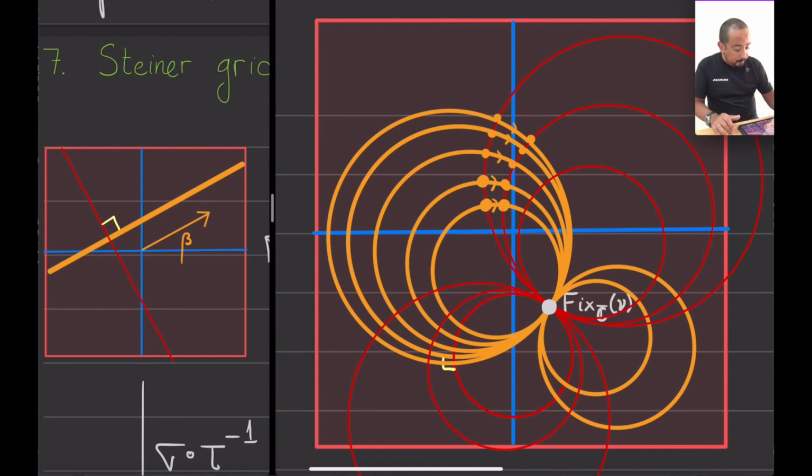And then let's say if we do it once more, then well, here I didn't quite draw correctly, because it has to be slightly shorter, and then that would be the next step. And then let's say that the preimage of each of these points under nu would be something like this, all of them lying on a red circle, right? So this is more or less how the translation by beta would be mapped to here.